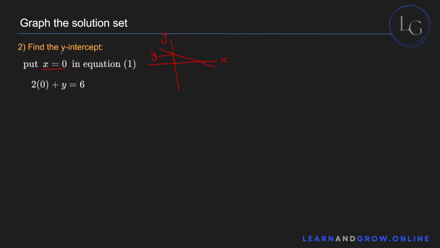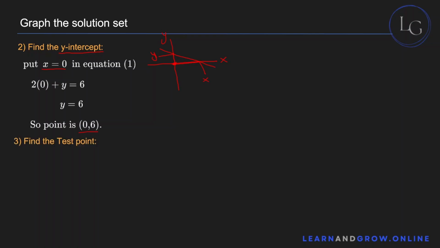So when you are finding the y-intercept, you plug in x is equal to 0, and when you're finding the x-intercept, you have a value for x, but the value for y is 0. So in case of the x-intercept, you put y is equal to 0. To find the y-intercept, x is equal to 0, you get a value for y, which is 6. So this is the point (0, 6). That is the y-intercept of the inequality.